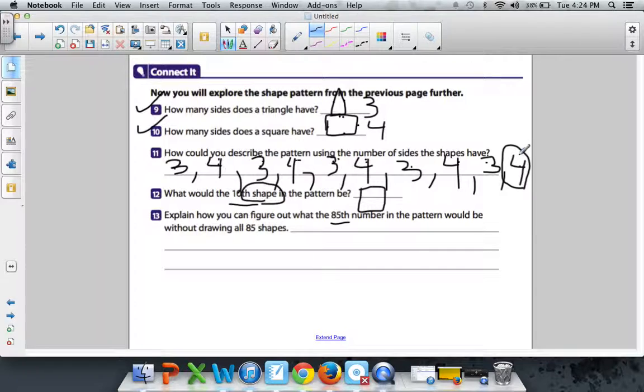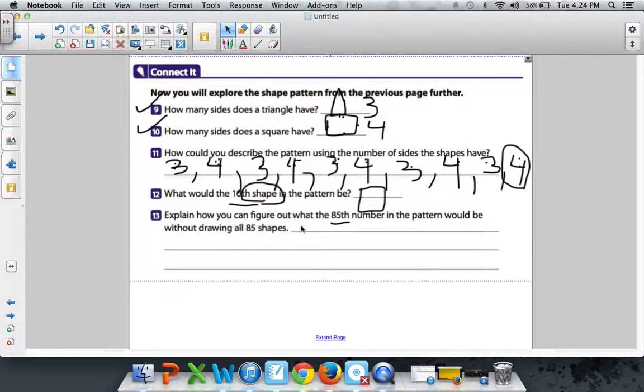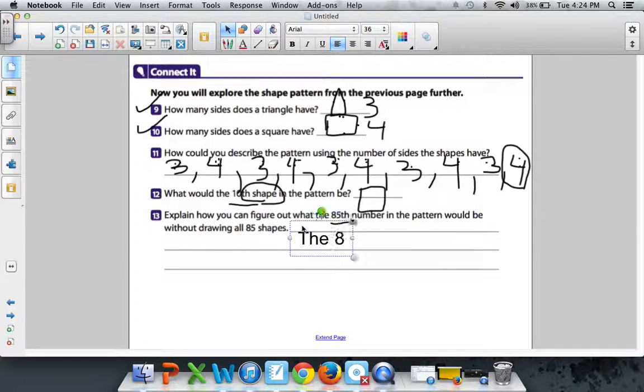So you can think of this as 80, then start over again from the beginning. 81, 82, 83, 84, 85. So the 85th number would be a 3.